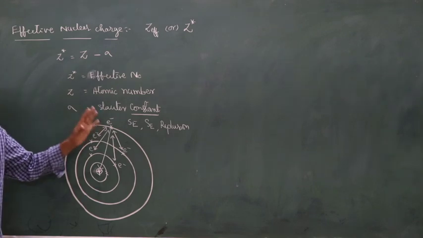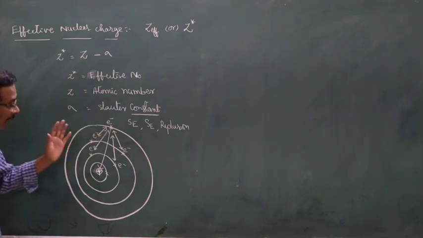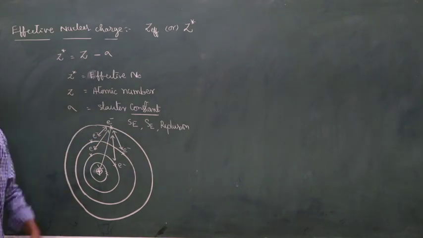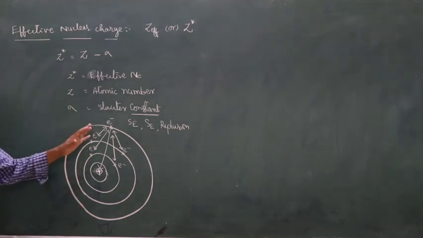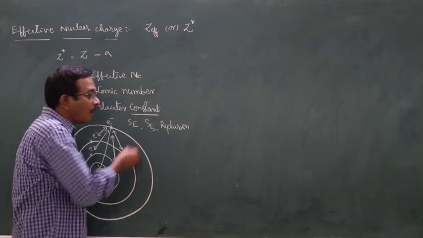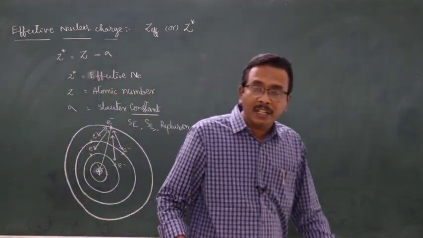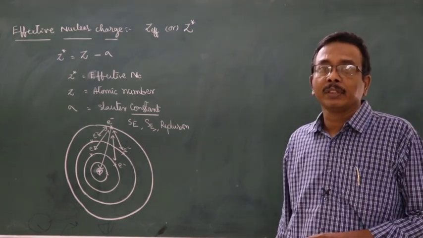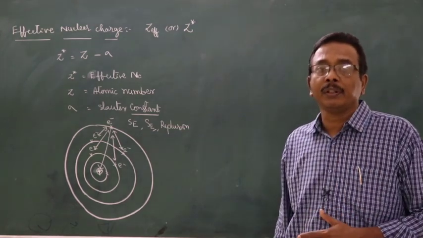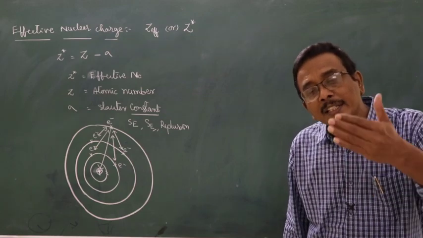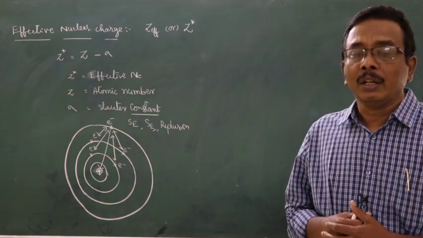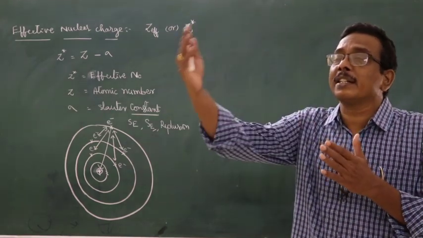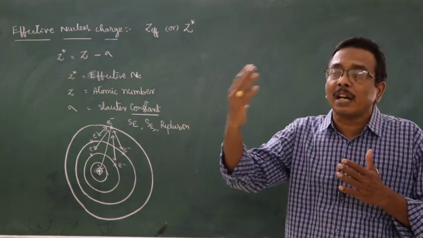The repulsive forces can be represented as the screening effect or shielding effect. How can you define the screening effect or shielding effect? It is the phenomenon of obstruction, by the electrons present in the inner orbits, of the nuclear attraction on the outermost electron or valence electron.